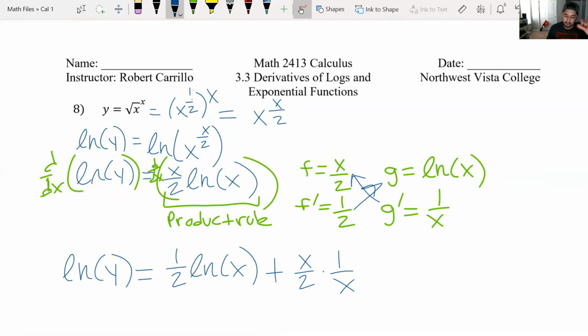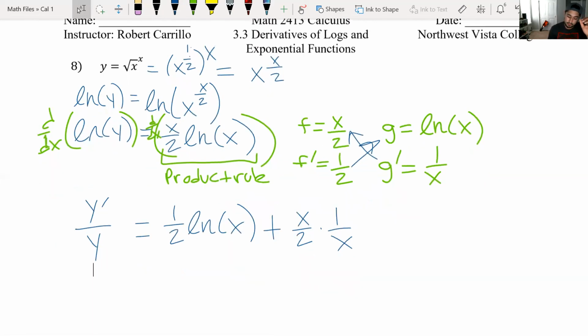Ha, what did I not do? I did not do the derivative on the left side. It's okay, easy fix. Fair enough. Implicit derivative on the left side, y prime over y. See how easy that was to fix?